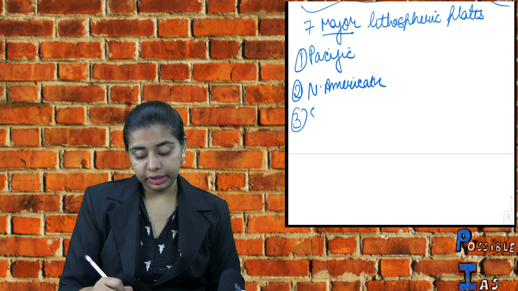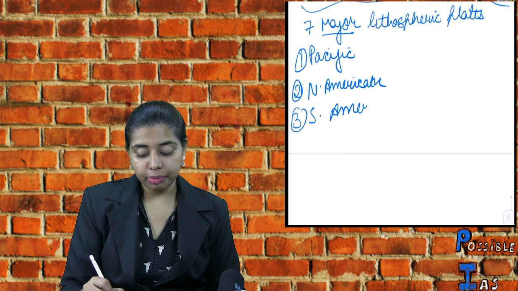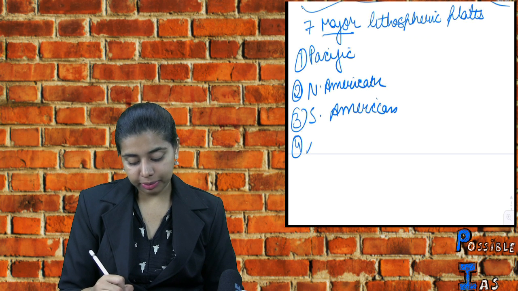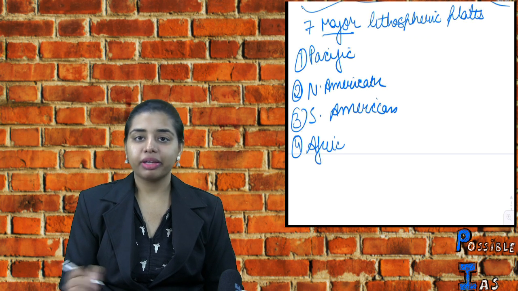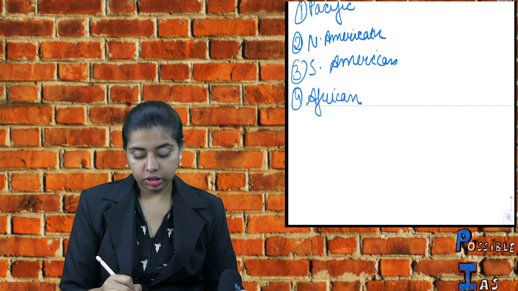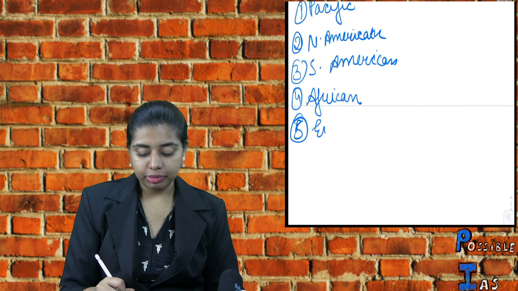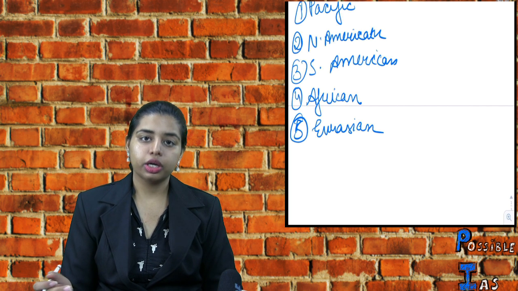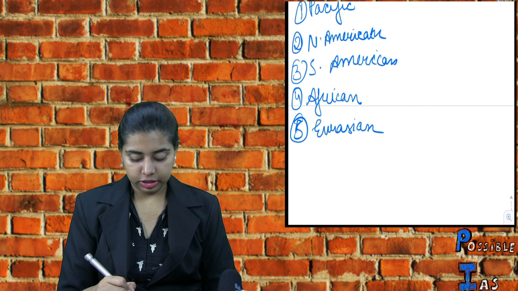Then South American, the maximum part of which is covered by the South American continent. The African plate, the maximum part of which is covered by the African continent. Then the Eurasian plate, the maximum part of which is covered by Europe and Asia, like China and Russia.